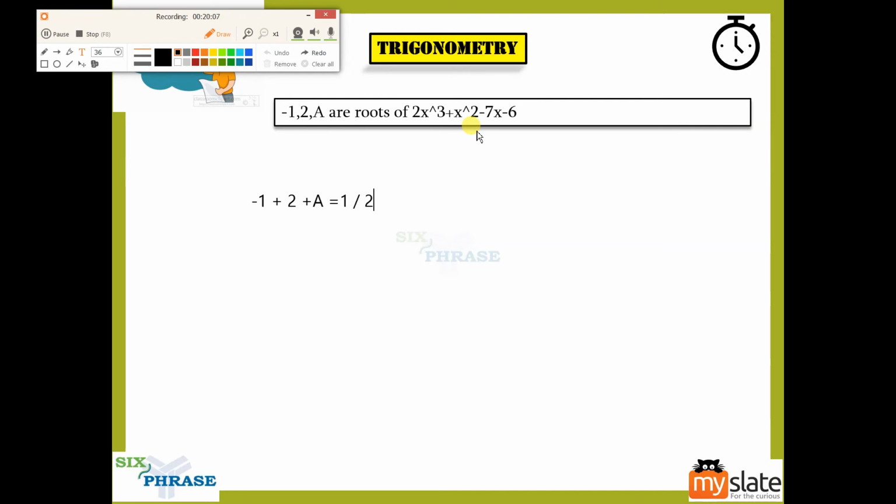Okay, so finally you will have a equal to 1 by 2 plus 1, so this is going to be 3 by 2. So 3 by 2 is the correct answer, guys. It is half plus 1, so you will get 1.5.